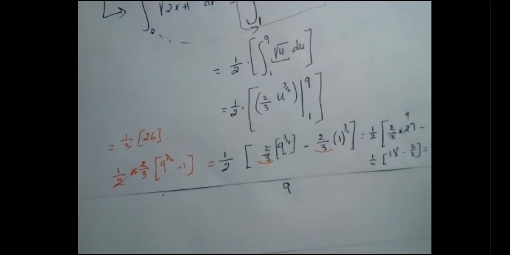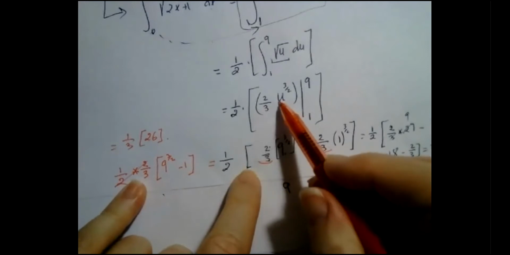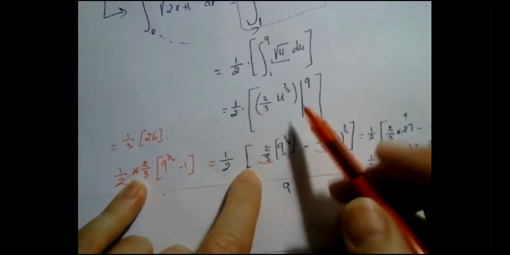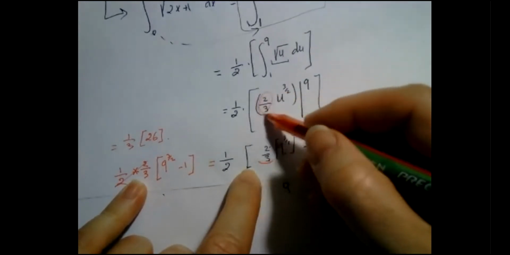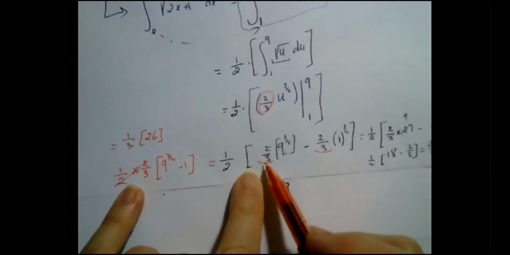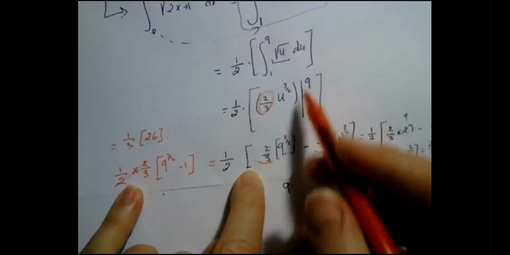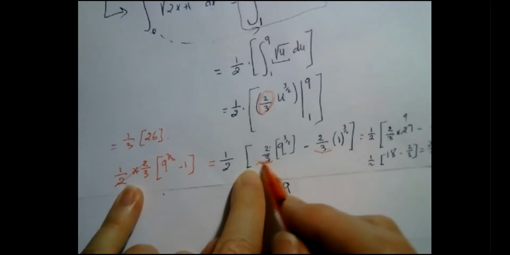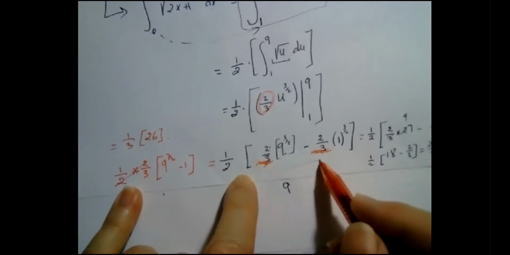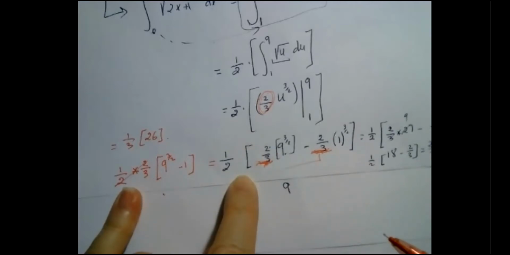So the idea is that if you have 2/3 times u to the 3/2 between 1 and 9, you can actually pull the 2/3 out. Why can you pull 2/3 out? Because when I substitute, I'll have the 2/3 here and the 2/3 here. So this constant can be pulled outside.